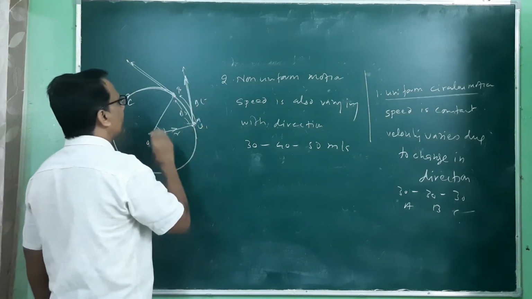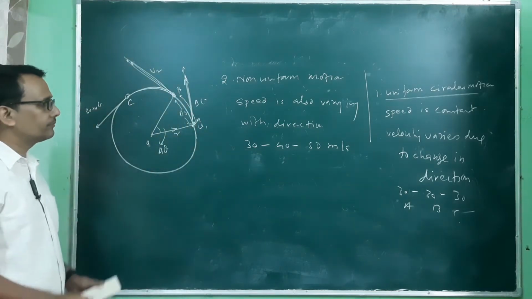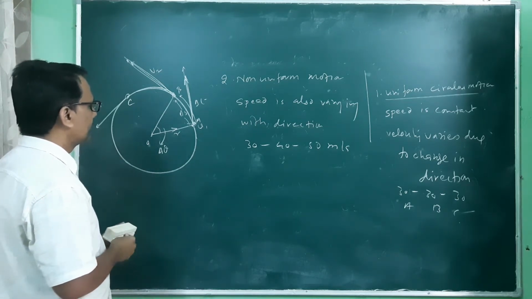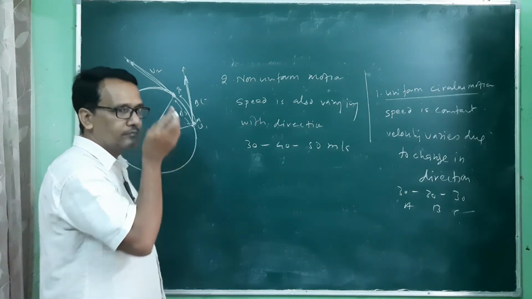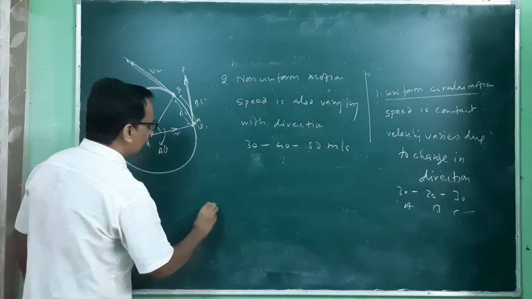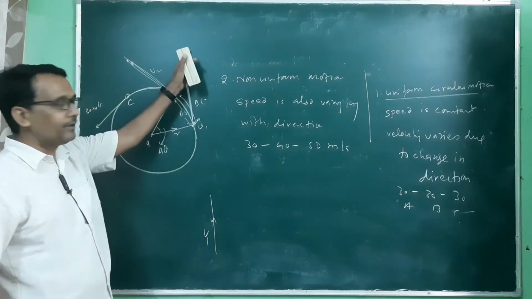So this is V1, and here this becomes V2. Okay, resultant, let us see. This is the direction, this is V1.